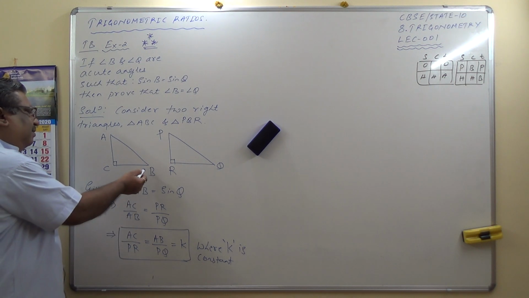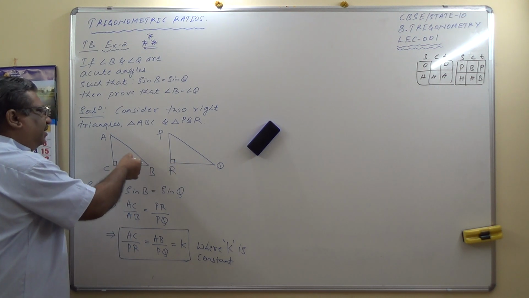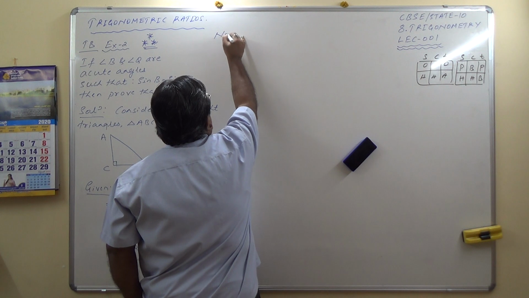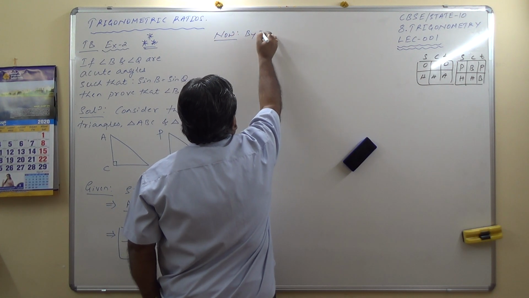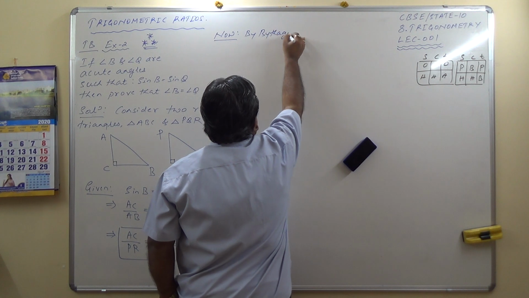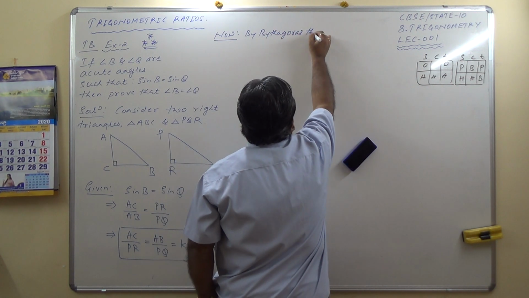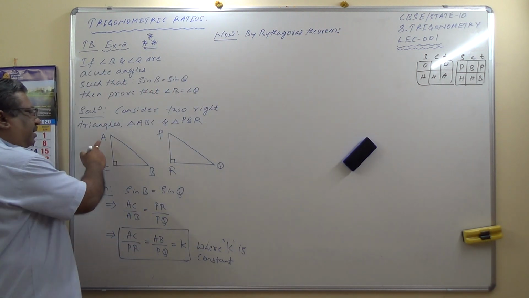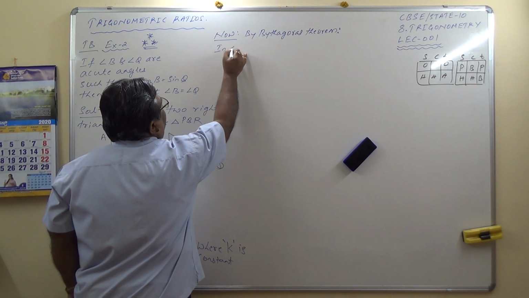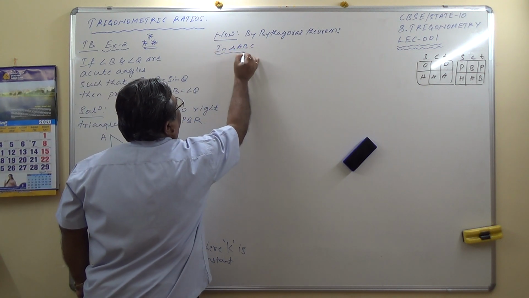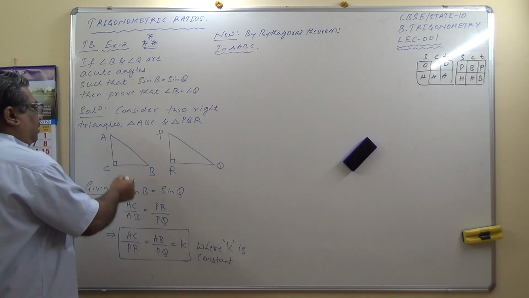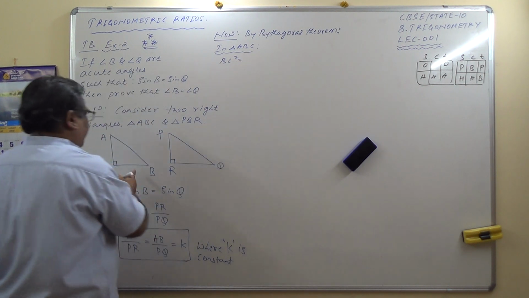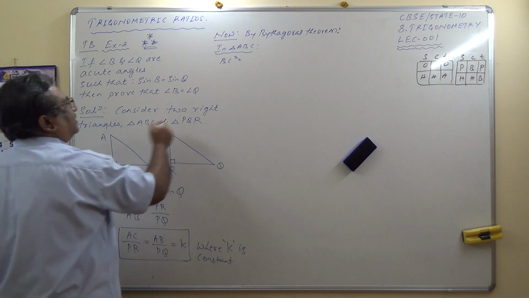Now, can we find BC and QR in these two triangles? By Pythagoras theorem, in triangle ABC, BC square equals AB square minus AC square.